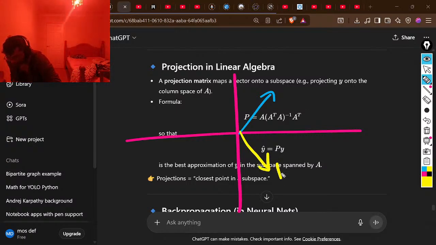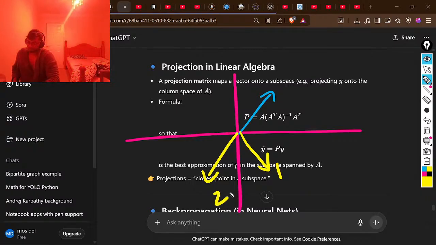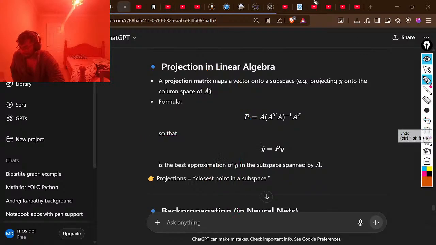This is step number 1, step number 2. Now if we put them in the other order, step number 2, step number 1, what does it actually mean? The projection still remains the same. That's the underlying idea behind all this.